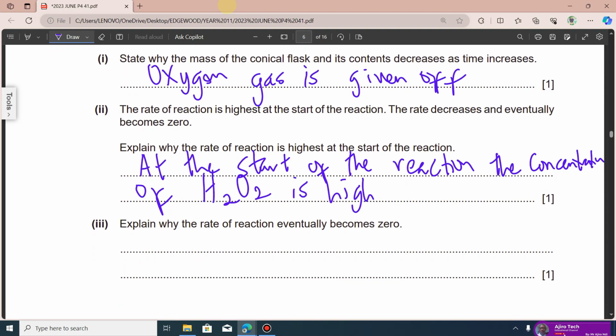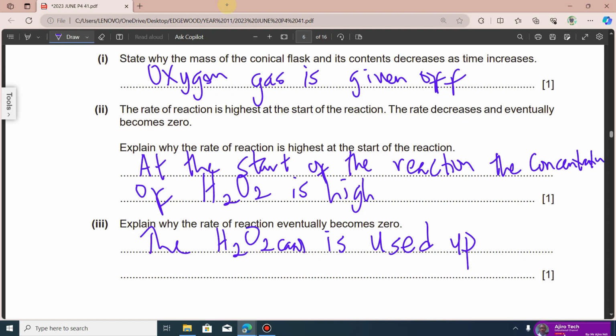Now explain why the rate of reaction eventually becomes zero. The rate of reaction eventually becomes zero because the aqueous hydrogen peroxide is used up. So when the aqueous hydrogen peroxide is used up, there are fewer particles that collide, and therefore the rate becomes zero.